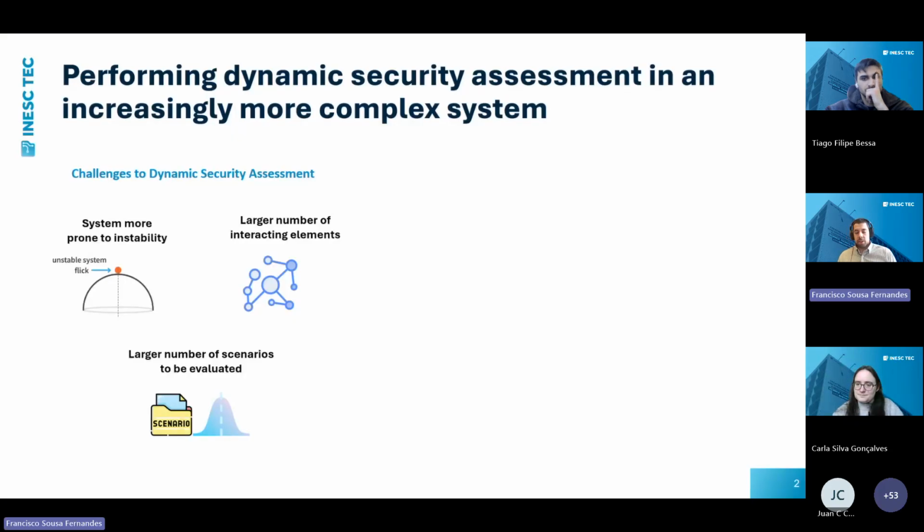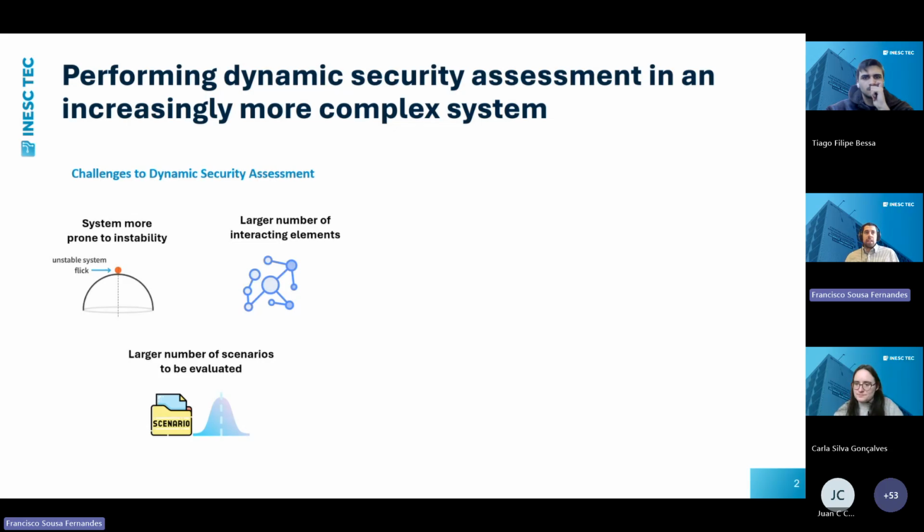So, why is this topic relevant? If we think about performing dynamic security assessment in the system of today, which is an increasingly more complex system, we have a couple of challenges. The first one is that, in fact, the system tends to be more prone to instability. We have less inertia, less short-circuit power, and a larger number of interacting elements that often interact at different time scales or frequency ranges.